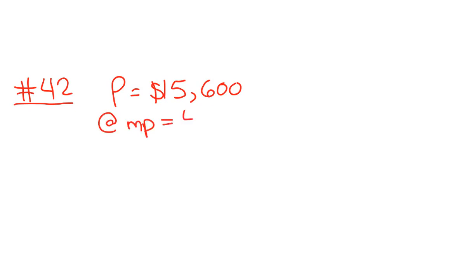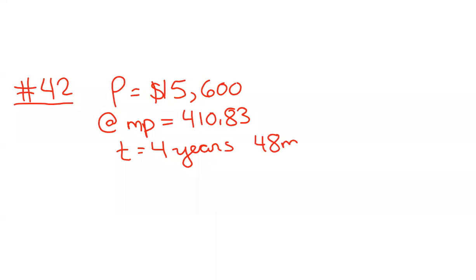Suppose you see a car with an advertised price of $15,600 at a monthly payment, so I'm gonna call it MP, of $410.83 for 4 years, which is 48 months, right? Monthly payments. So what is the amount of interest paid?